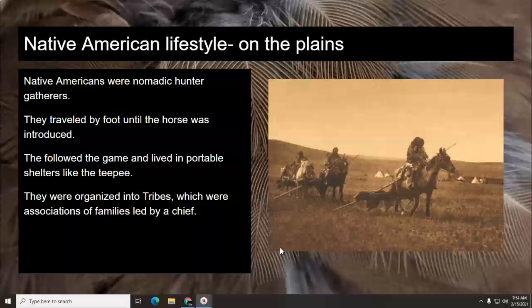The Native Americans followed the game, meaning the animals they hunted, and they lived in portable shelters like the teepee. They were organized into tribes, which were associations of families led by a chief. In the image over here, in the background, you can see the teepees. This is the time period where they have horses, of course, and what they are doing is dragging a travois.